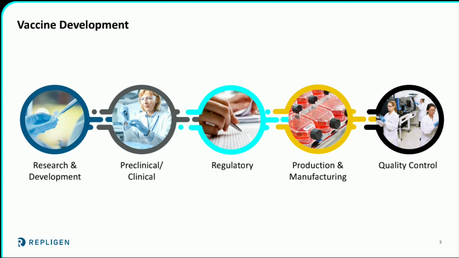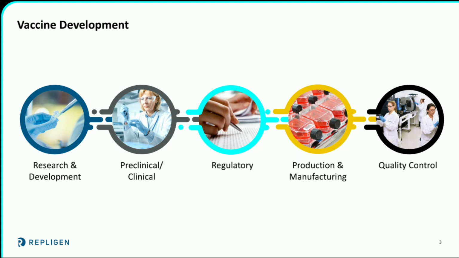So, as we all know, vaccines are a very important part of our everyday lives. We just wanted to go through some of the developmental processes of a vaccine and its typical roadmap. You'll first typically start with an R&D approach that'll take a few years just to identify the candidate.